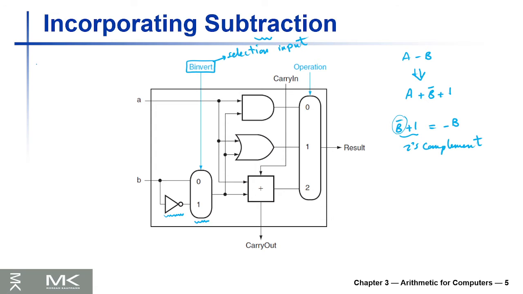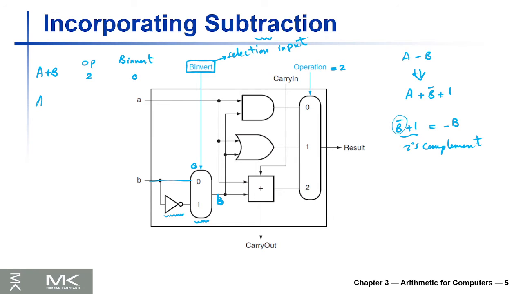So if you are doing A plus B, for example, the operation should be 2. Okay, and so here the operation will be 2, and the B invert will be 0. So this selection here will be 0, so the output here will be B, or B small because it is 1 bit.